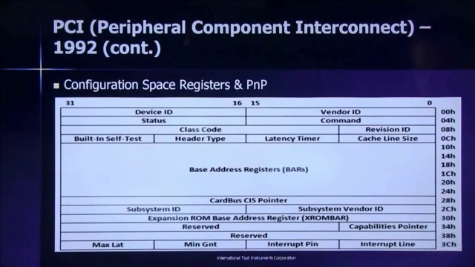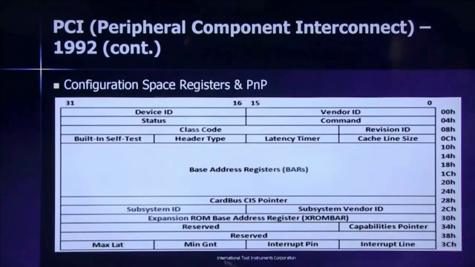It points to other structures in memory that spell out particular capabilities of the device. And that's essentially a linked list in memory that you can walk. Interrupt line and interrupt pin, those registers are used for assigning interrupts to this particular device in case the device needs it.